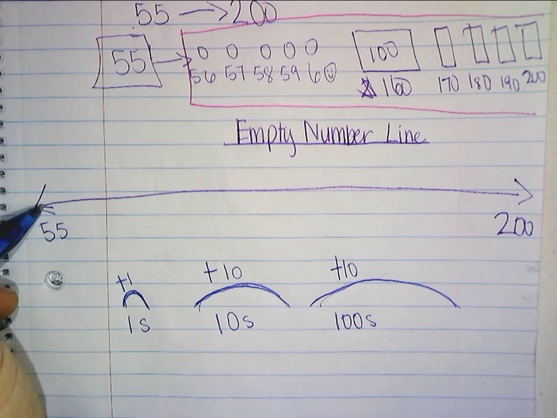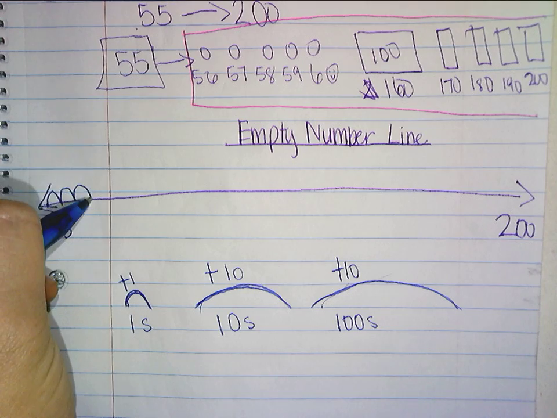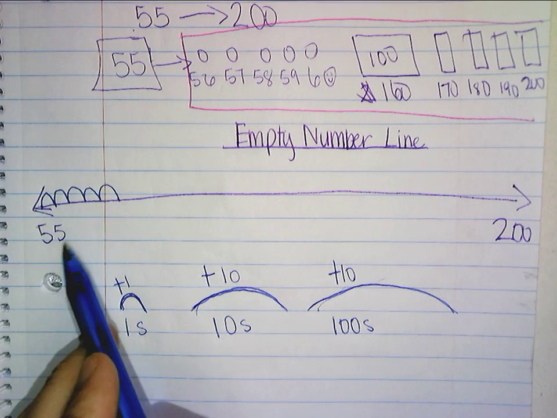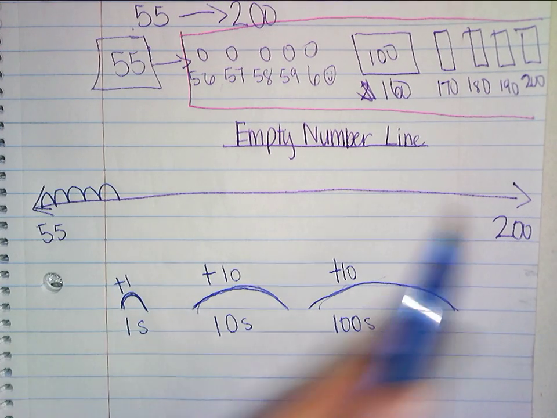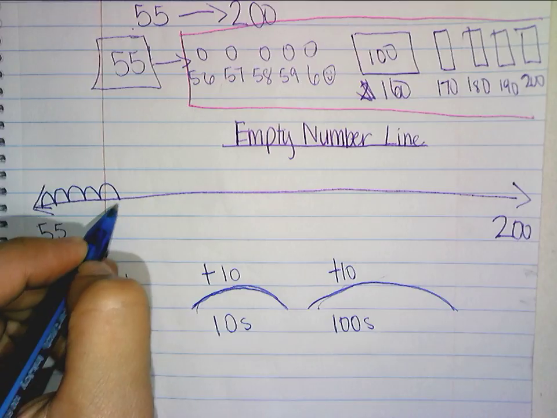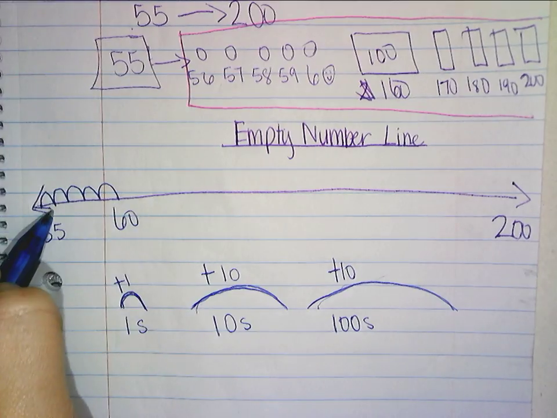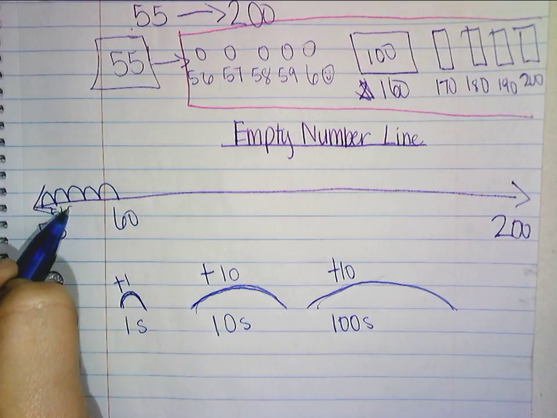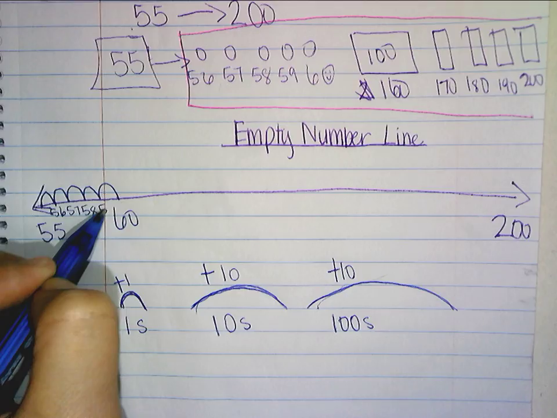Up here, remember we counted by ones 5 times. You can go like this: 1, 2, 3, 4, 5. Down here below those jumps, you're writing the value where you're at. Keep track. 60. So you went 56, 57, 58, 59, 60.